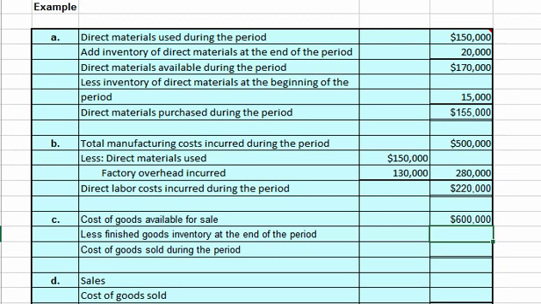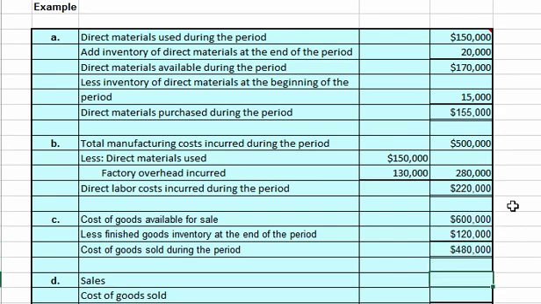So if we subtracted that out as 120,000, okay, that's the cost of the goods available for sale, less the cost of the goods we have left at the end of the year. That gets us down to 480,000, and that would be your cost of goods sold. And you were given this information: cost of goods available for sale and your ending finished goods inventory.